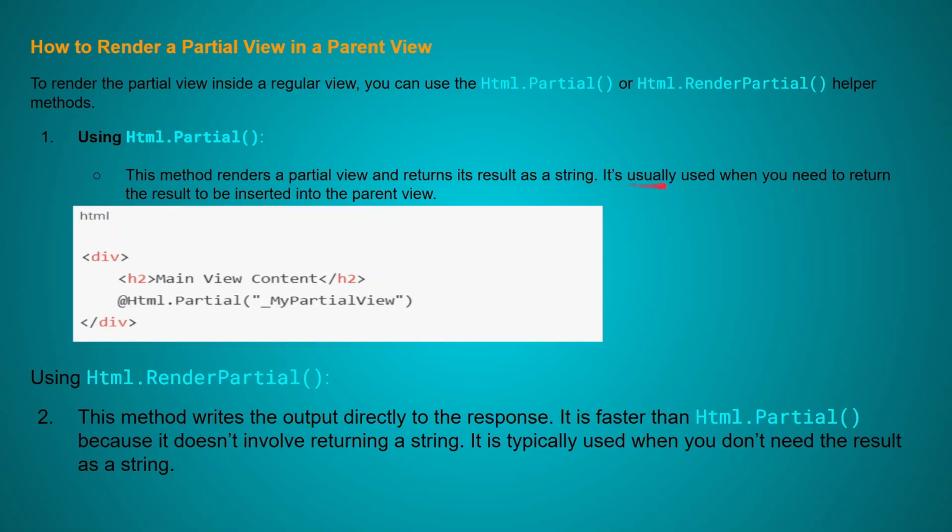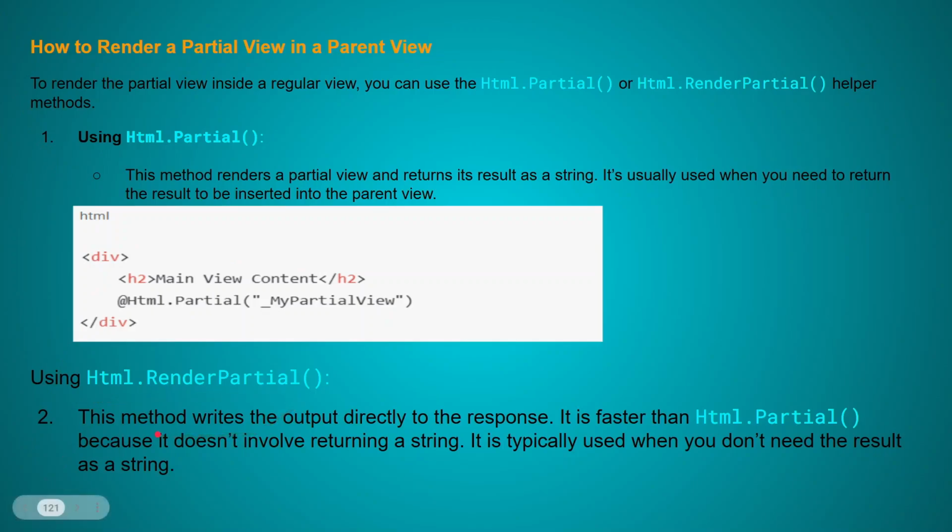So it's usually used when you need to return the result to be inserted into the parent view. So look at here, we have HTML which is a div and header, and we are using @Html.Partial with the previously created partial view name here.